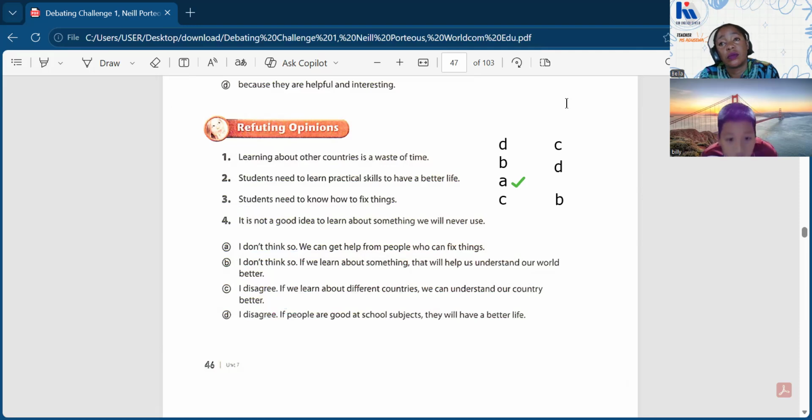It's not a good idea to learn something new for us, and so if we learn about something, it will help us understand our world better.